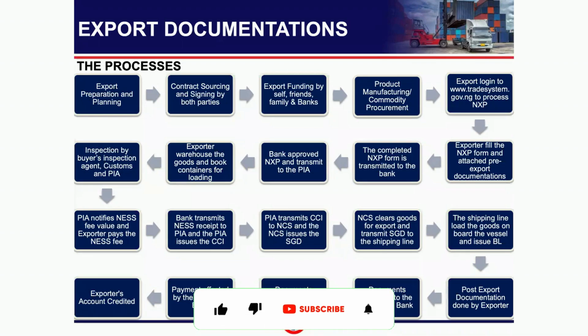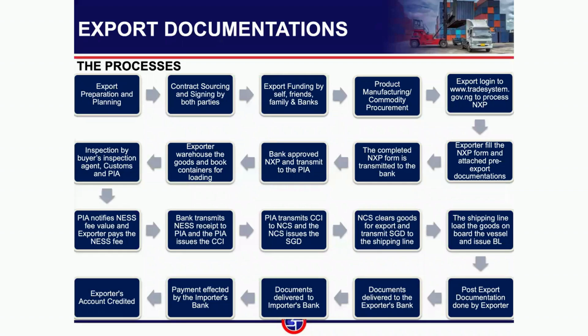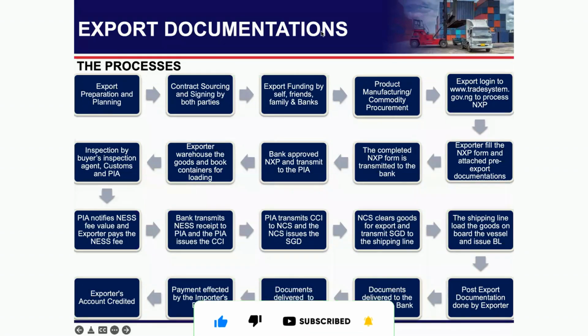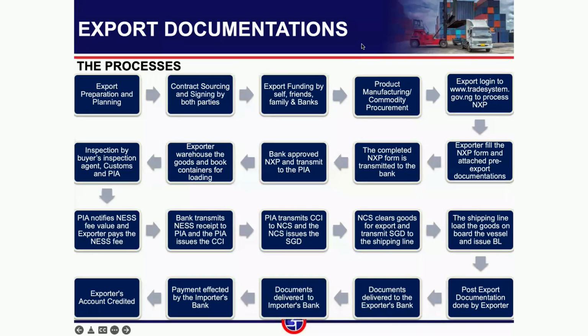So it will go to your head office, and people that are on the desk are going to attend to it and approve, provided all things are equal. That means all the information required has been provided. They will approve the NXP. The bank approves the NXP and transmits it to the pre-shipment inspection agent.